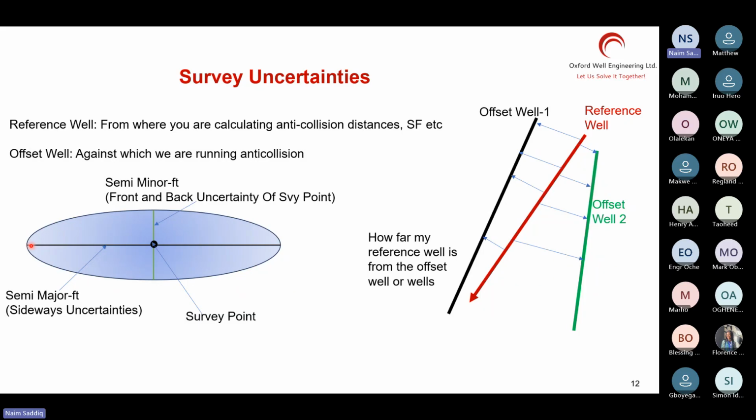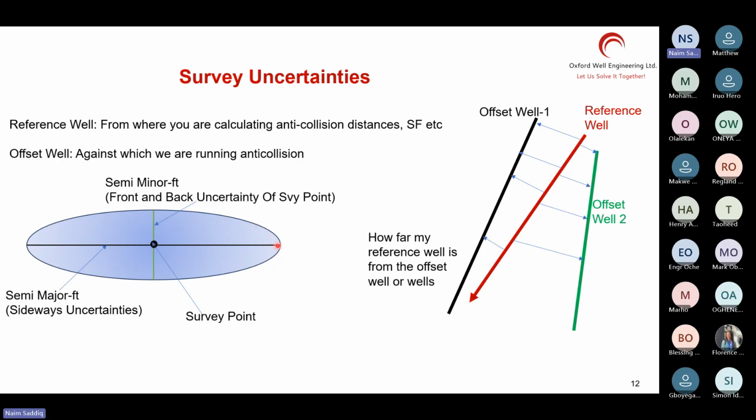Some of them are circular. If the well is completely vertical, this rugby ball will become a normal ball, like a circle. If you are drilling a horizontal well, this rugby ball is very flat, like this one. So it depends upon the shape of the well, the uncertainty, and also the tools you are using.